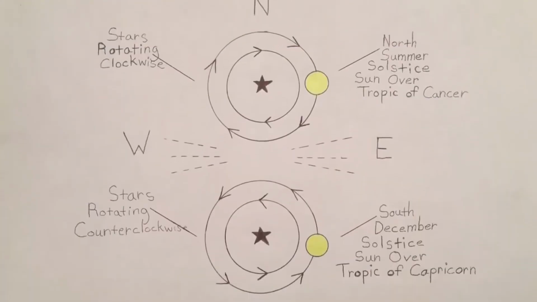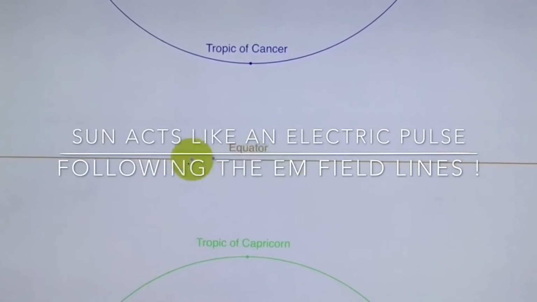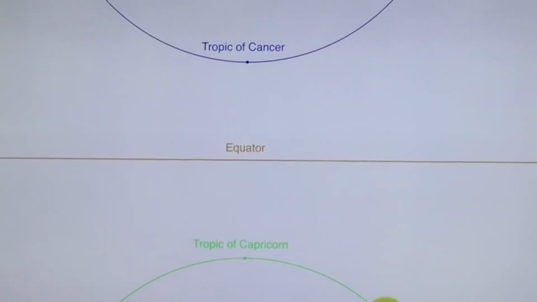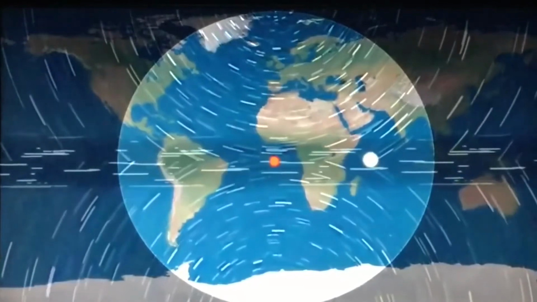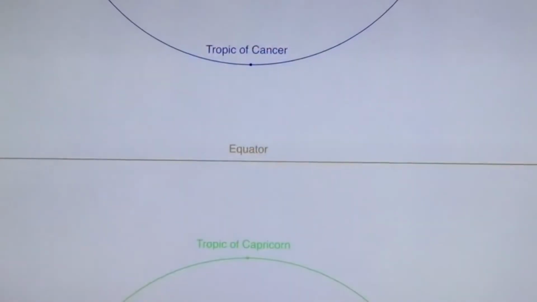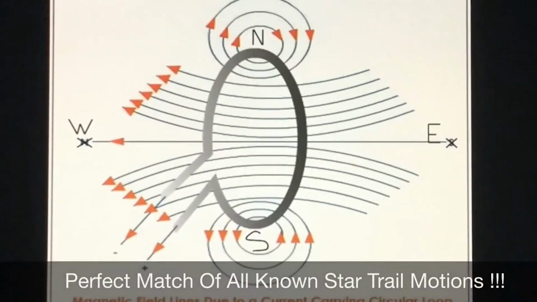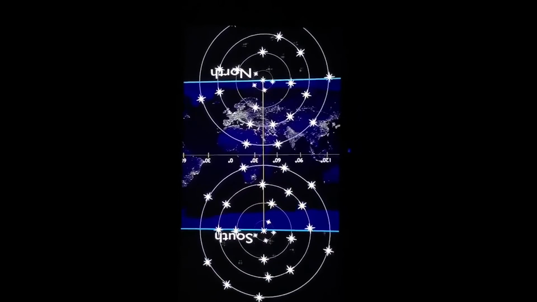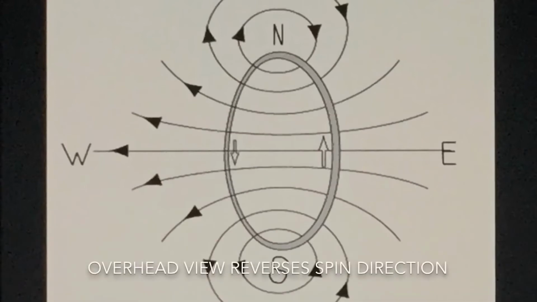It's exciting because it neatly explains how the sun, acting just like an electromagnetic pulse, follows the Earth's natural magnetic field lines, traveling in clockwise circles in the north over the Tropic of Cancer and counterclockwise circles in the south over the Tropic of Capricorn, while at all times still maintaining an east to west trajectory for all observers locally, in addition to its rather straight east to west paths directly over the central line of propagation during the equinoxes, and again matches all recorded regional star trail motions, including around the North Celestial Pole star Polaris, the South Celestial Pole area near Sigma Octantis, as well as the perfectly straight overhead star trails running east to west over the equator.